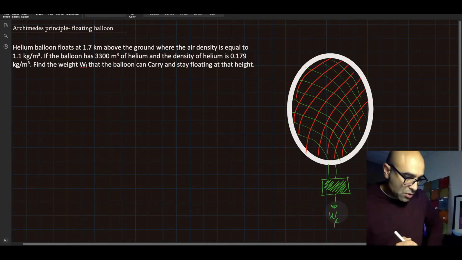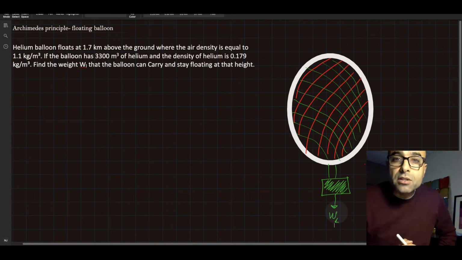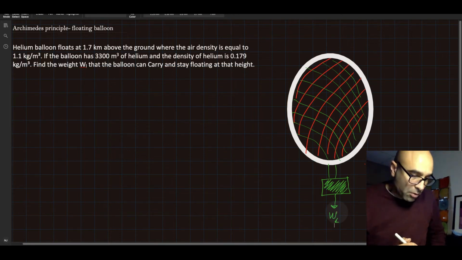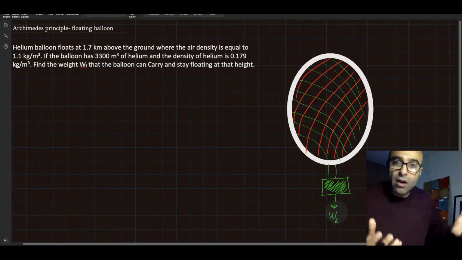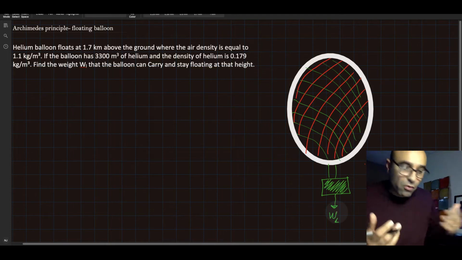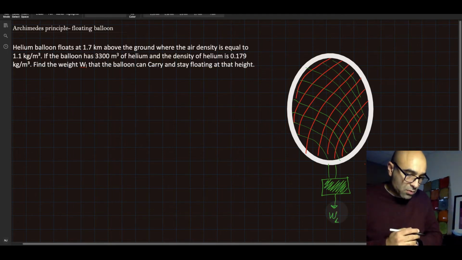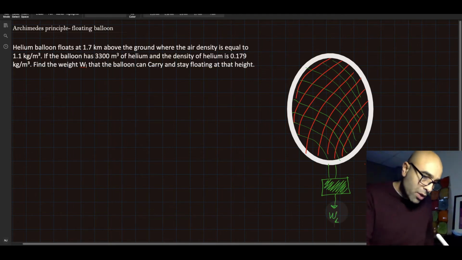Okay, so we need to use Archimedes' principle to solve this problem, with the fact that there is equilibrium of forces. We know that the buoyant force F_B is going to be up.